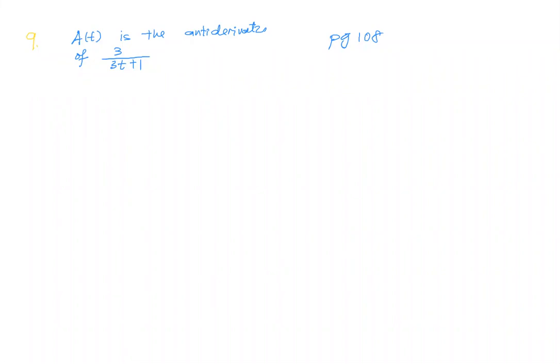So now you will say find A prime x given, okay, they say A(x) is equal to the integral from 0 to x of 3 over 2t plus 1 dt.